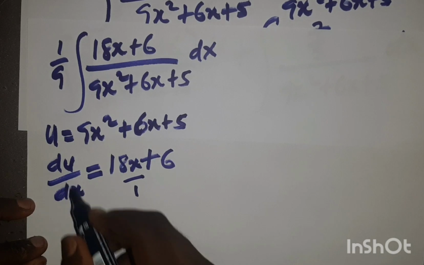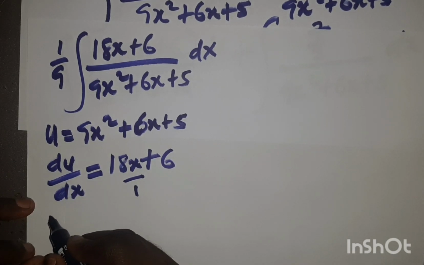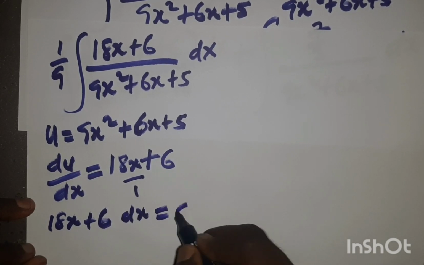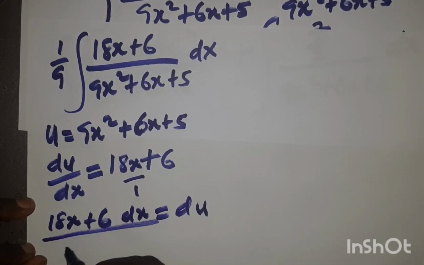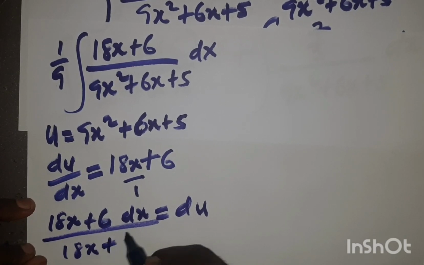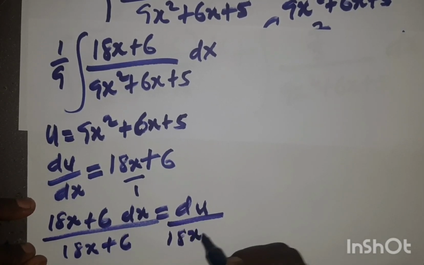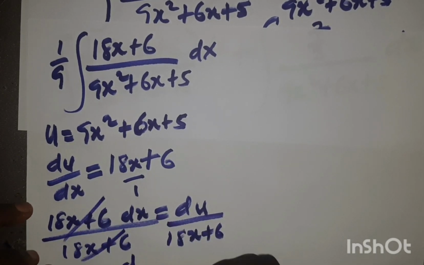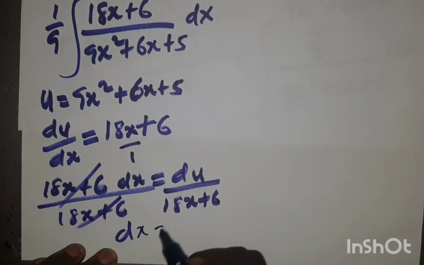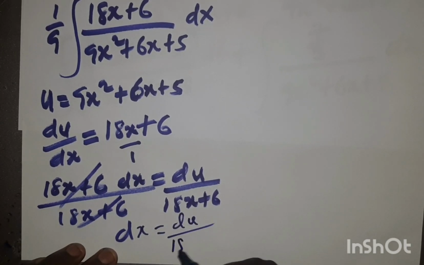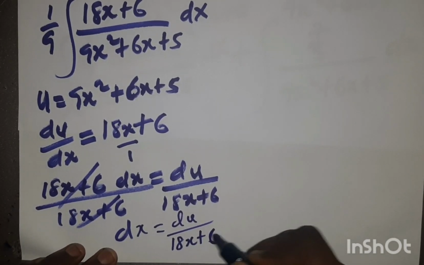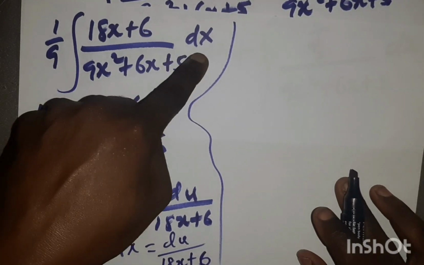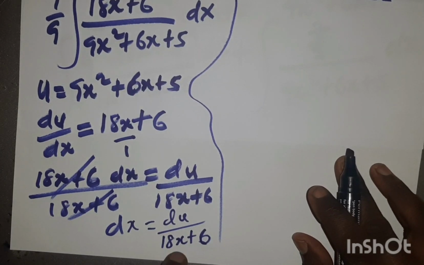I have (18x + 6) dx equals du, then dividing through by 18x + 6, my dx is now equal to du over (18x + 6).